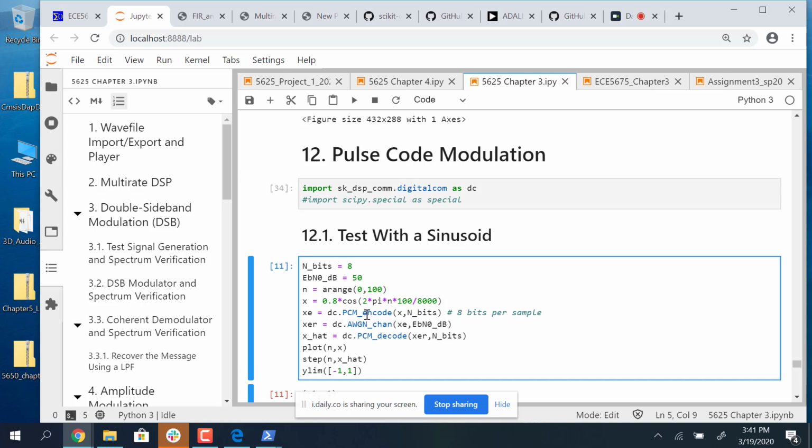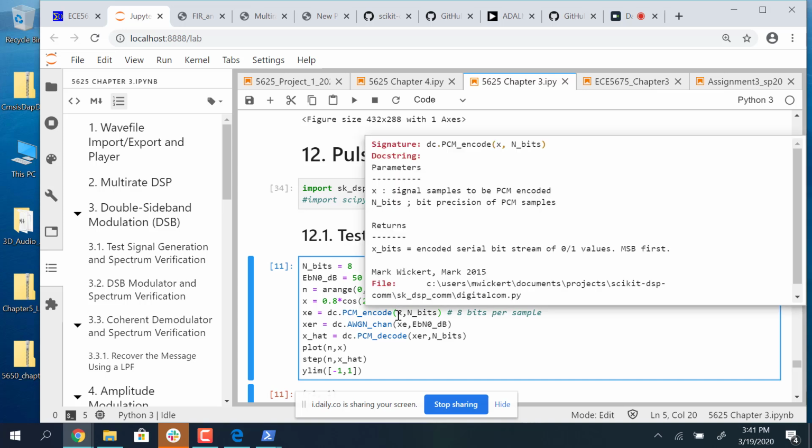So what PCM encode does, and if I hit Shift Tab here, the first argument is just signal samples to be PCM encoded, and then the number of bits of precision to encode those PCM samples to.